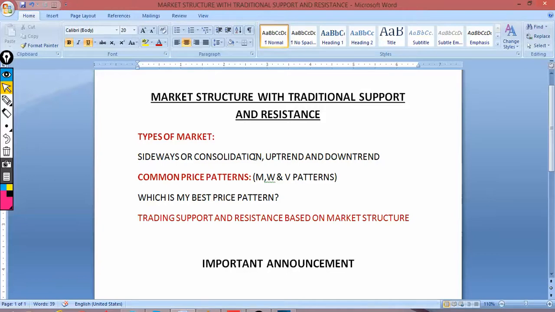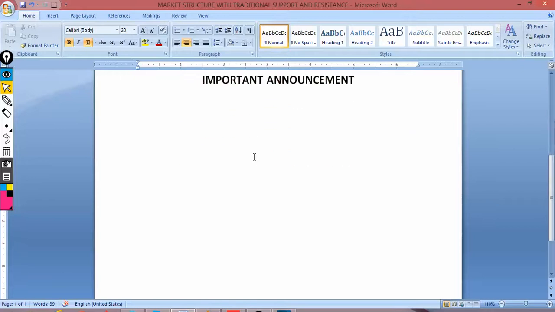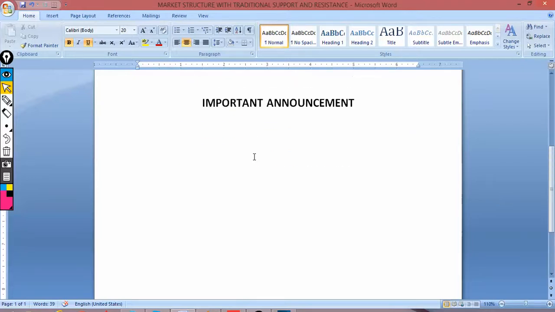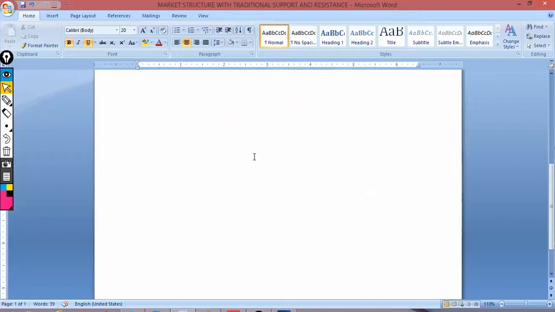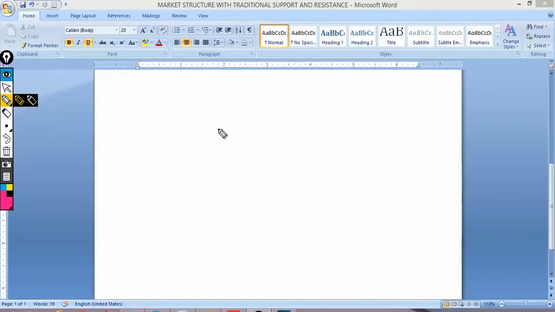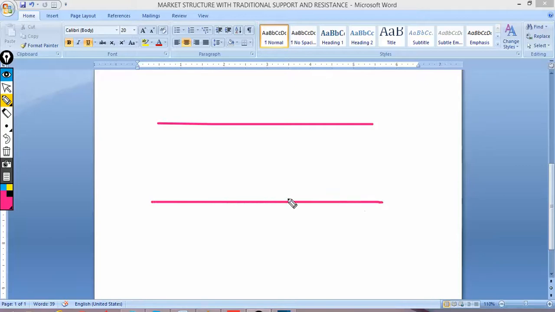So let me quickly go to my drawing board and we touch on the first, which is the types of market. First we will look at the consolidation market. Let me grab my pencil. Let's just say this is the range.